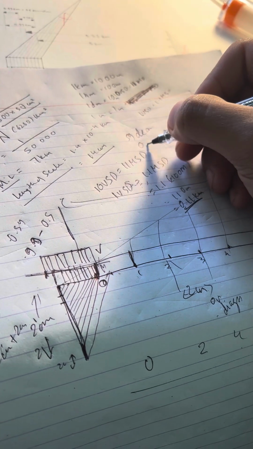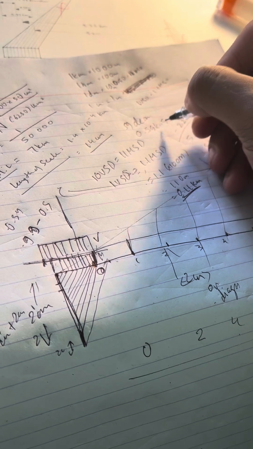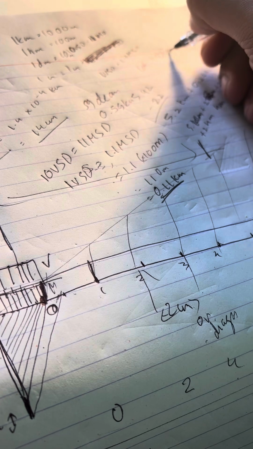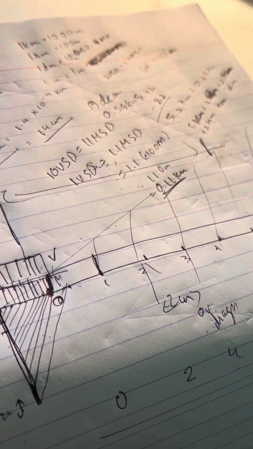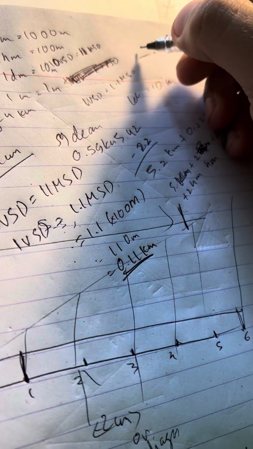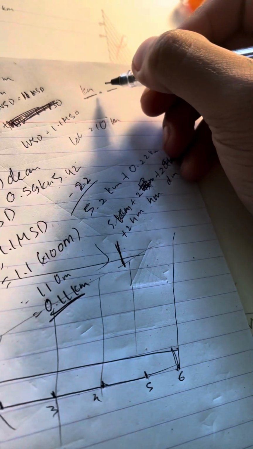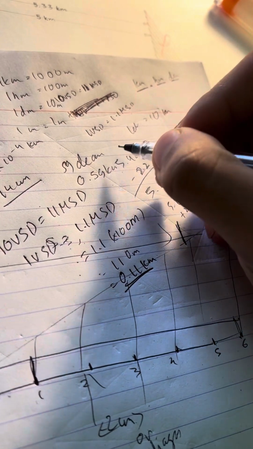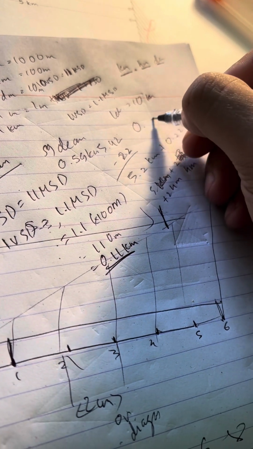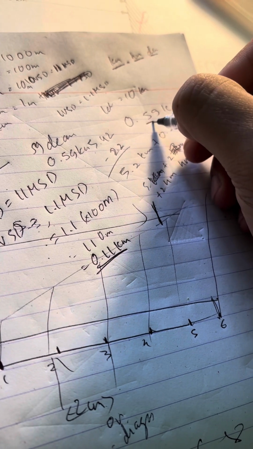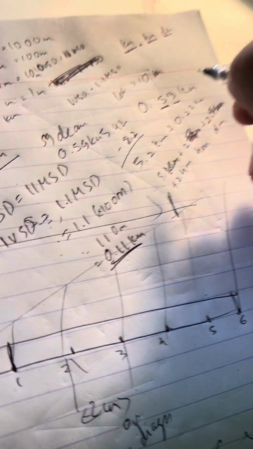This means 0.59 kilometers, because 1 decameter is equal to 10 meters. This is the kilometer part, this is the hectometer part, this is the decameter part. So 59 decameters means 50 hectometers and 9 decameters.